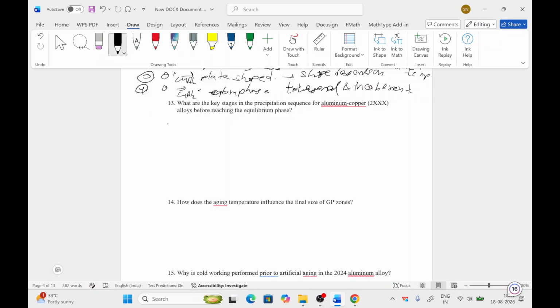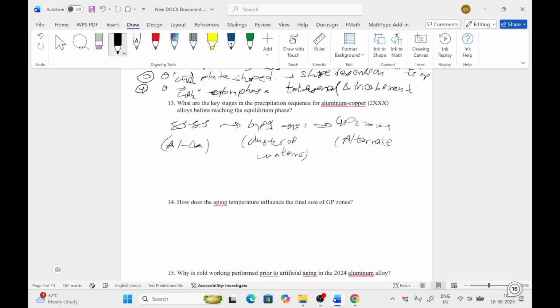So it is a supersaturated solid solution of aluminum copper, then the GP1 zone, which is the cluster of copper atoms, and GP2 zones, which are alternate aluminum copper atoms.